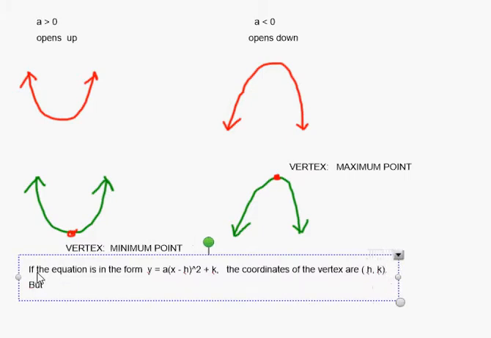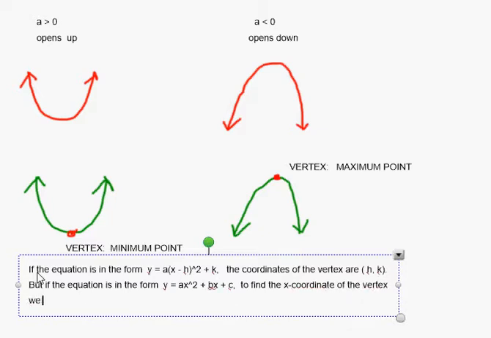But if the equation is in the form y equals ax squared plus bx plus c, to find the x coordinate of the vertex, we calculate the opposite of the b value divided by 2a.